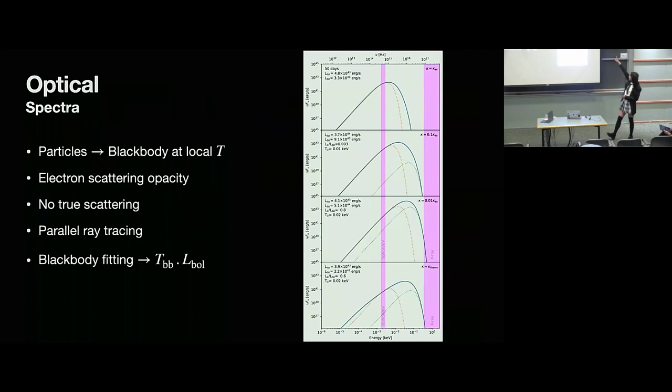And as you can see, the optical spectrum is the orange dotted line, and the X-ray part is the green dotted line. The topmost one is with electron scattering opacity, and since we are not really sure what opacity we should use, we tried several different opacities. That's electron scattering opacity, and we scaled it by 10%, that is a factor of 10, and a factor of 100.